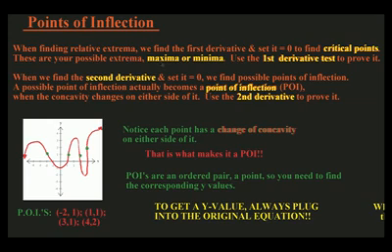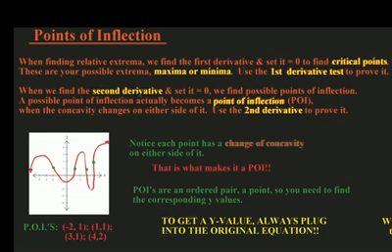Well, what do we use the second derivative test for? So when we set the second derivative equal to 0, we're finding what are called possible points of inflection. They're a possible point of inflection because we haven't proven it to be so. Just because the second derivative equals 0 at that point doesn't mean it's a point of inflection.